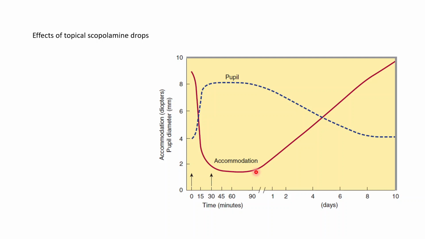That is because of the block of the peripheral M1 receptors, and this limits the release of acetylcholine in the sinoatrial node, that is the pacemaker of the heart.